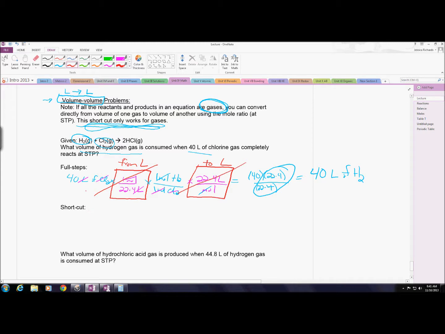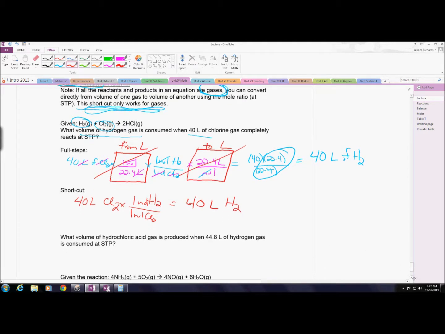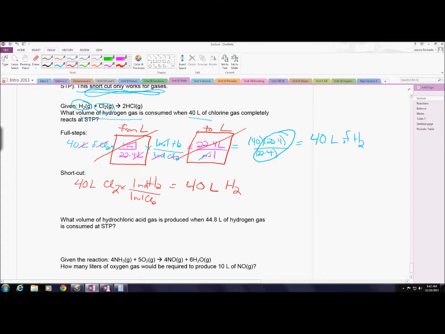If we have liters and we know we want liters, we can just use the ratio from the equation and say for every 40 liters of chlorine, we're going to make 40 liters of hydrogen. Just a quick shortcut, only because that conversion factor is always the same.